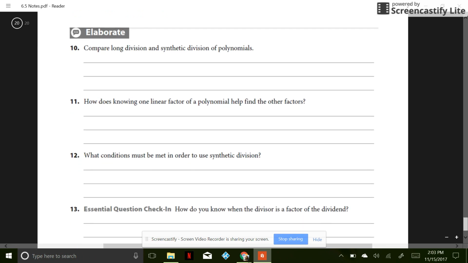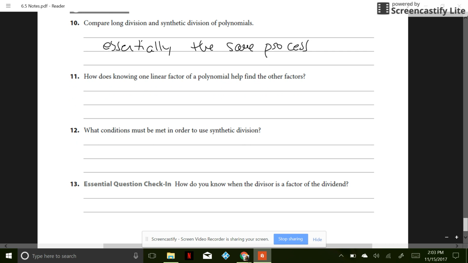So long division and synthetic division, it's essentially the same process. It just saves a ton of space. You don't have to bring all of those values down each time because it's all being nested in there. How does knowing one linear factor of a polynomial help to find the other factors?